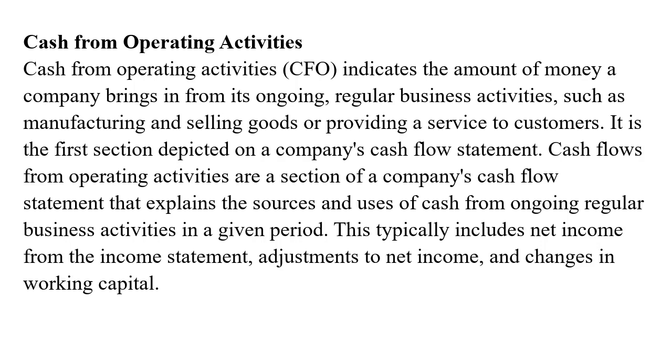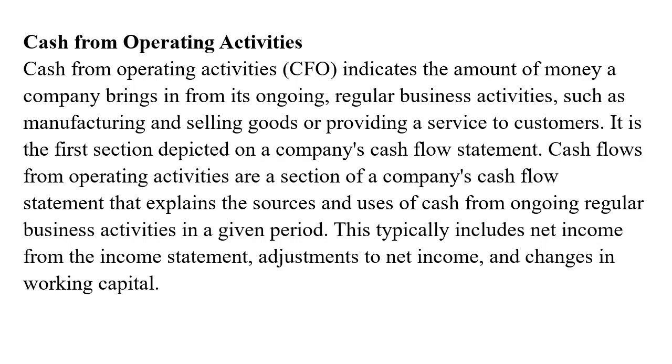It is the first section depicted on a company's cash flow statement. Cash flows from operating activities are a section of a company's cash flow statement that explains the sources and uses of cash from ongoing regular business activities in a given period.